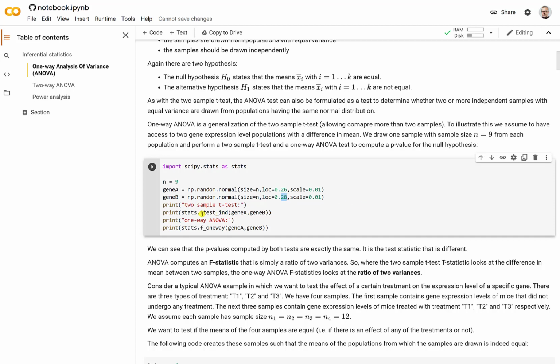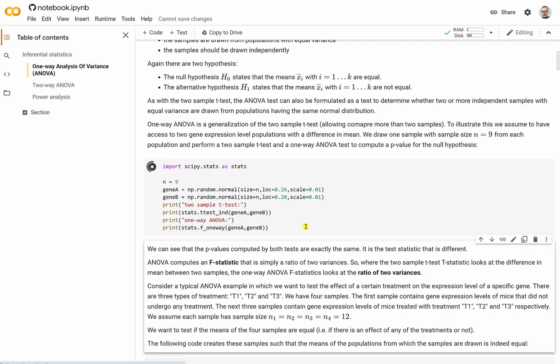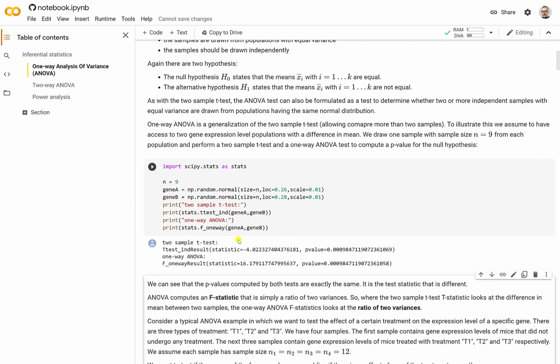We can compute the t-test p-value and the t-statistic, and we can also do that for ANOVA. We have a function in Python to do this one-way ANOVA, where again we just provide our two samples. Let's run this code. For the two-sample t-test, we have the t-statistic and the corresponding p-value when we look that up in the null distribution. We see a very nice low p-value, as expected.